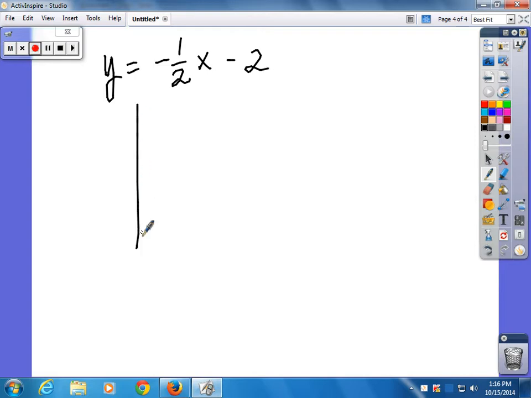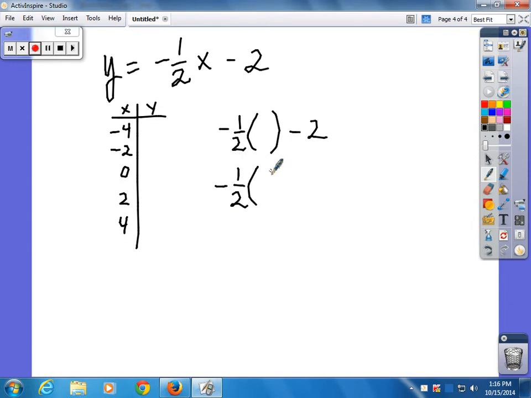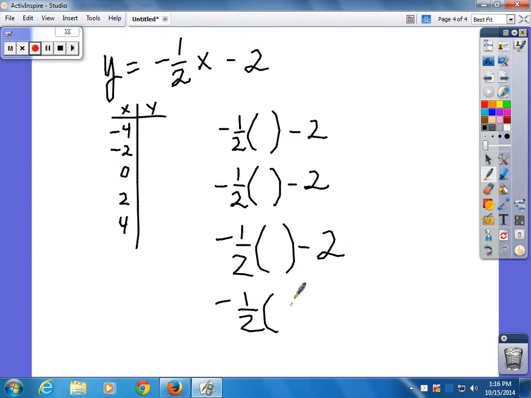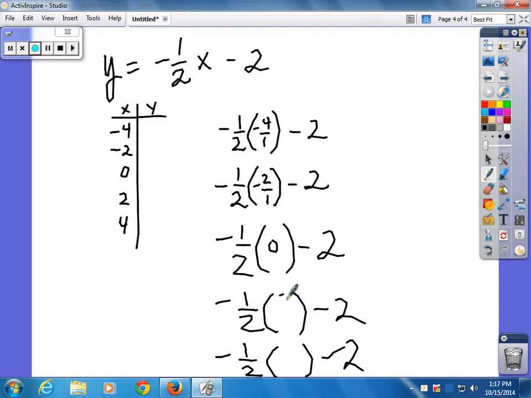What points we're going to use? -2, 0, 2, and 4. -1/2 times blank minus 2. So we get -4 over 1, -2 over 1, 0, 2 over 1, and 4 over 1.